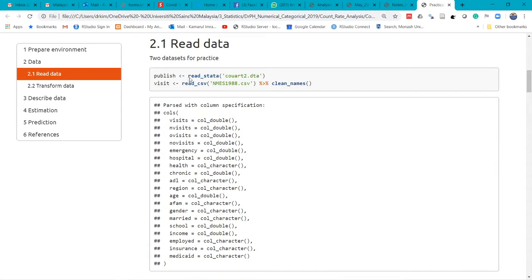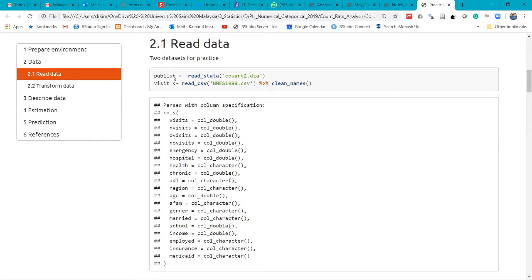So I read a dataset named COUART2.dta. It's a Stata dataset, and I name this dataset as publish in R. There is another dataset which is NMES1988.csv.